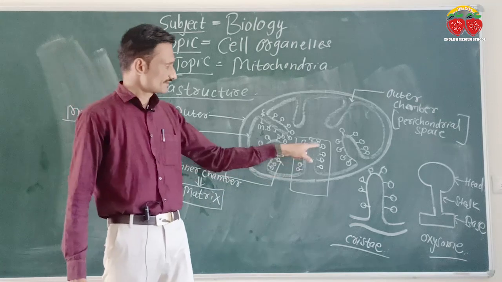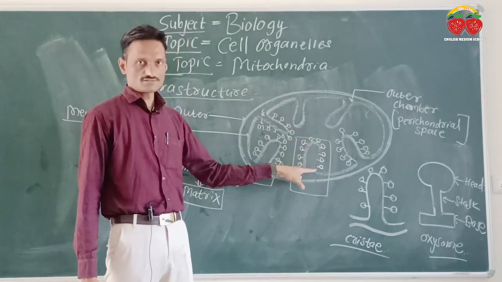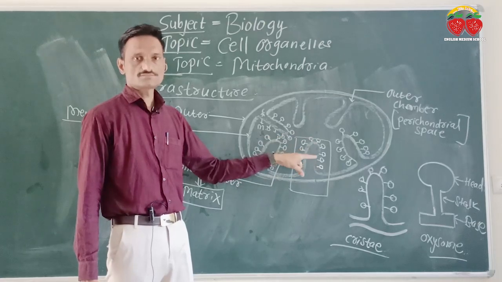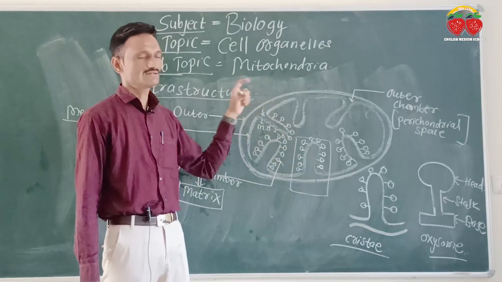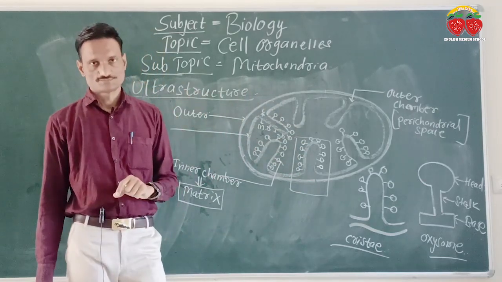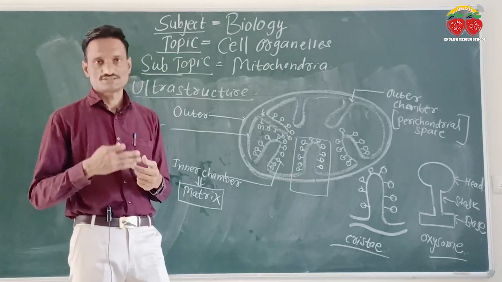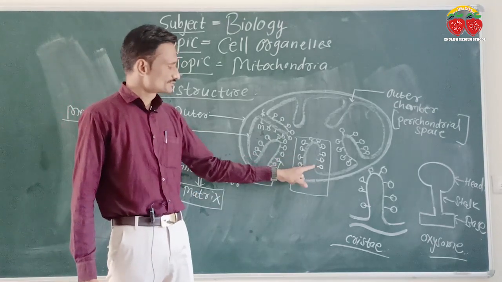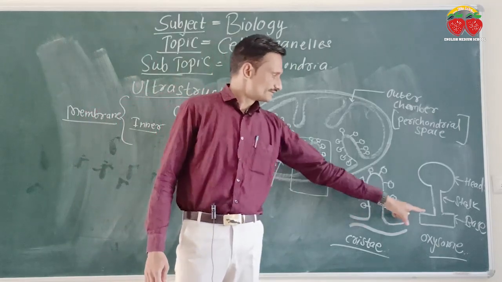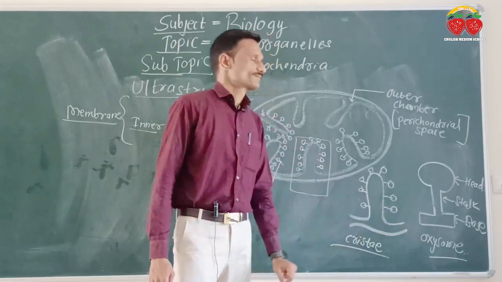That's why this F1 particle or oxysome acts as the center for synthesis of ATP during oxidative phosphorylation. Means when the food or respiratory substrate is oxidized, ATP is synthesized due to the presence of ATPase in the base of the oxysome.